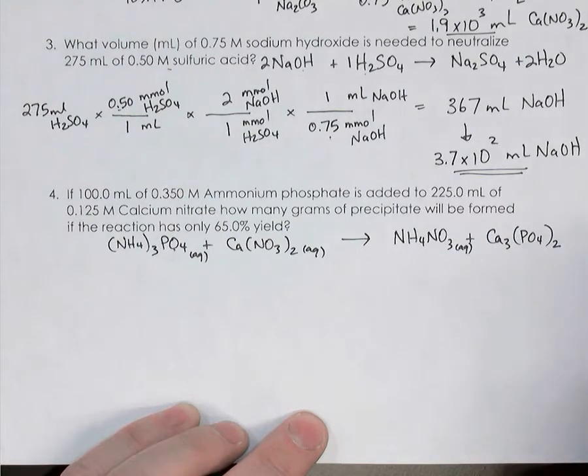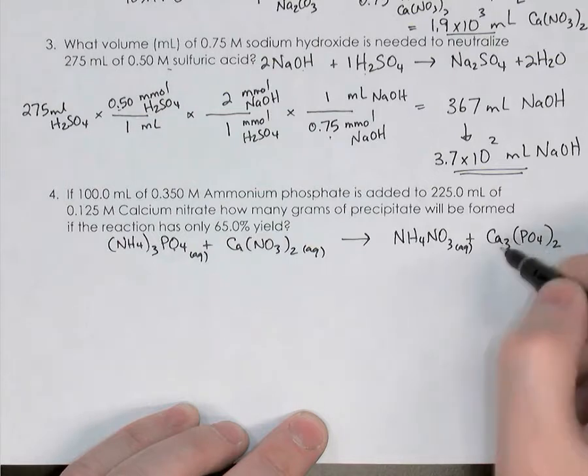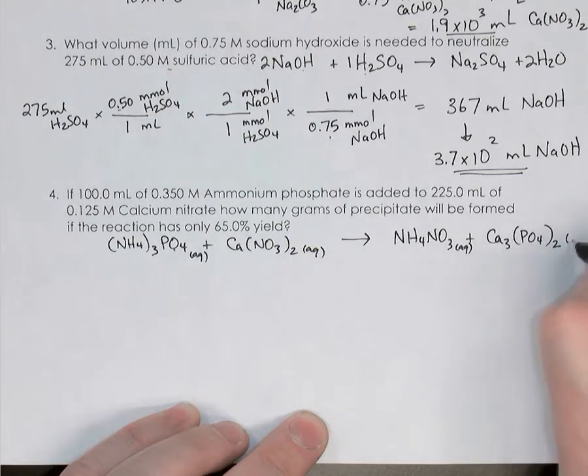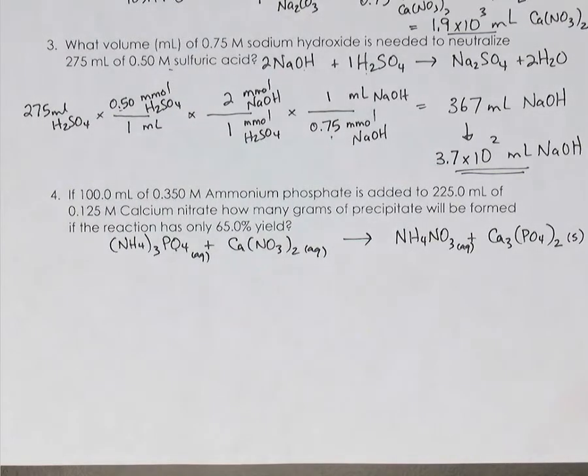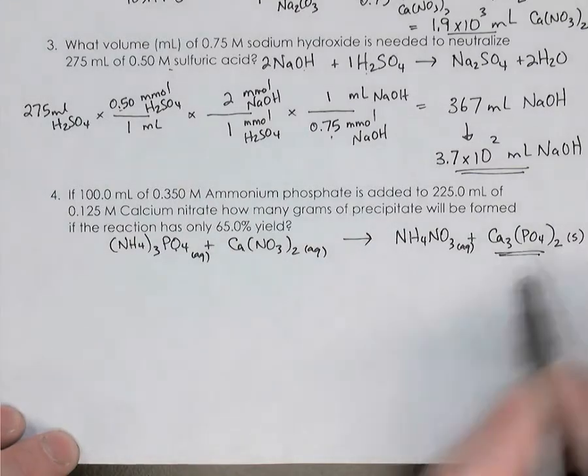However, most phosphate salts, according to our rules, are not very soluble. They're sparingly soluble. So the calcium phosphate is going to be a precipitate. There are some exceptions to that rule, the alkali metals and ammonium exceptions, but calcium is not one of the exceptions. So there we've identified the precipitate is going to be calcium phosphate.